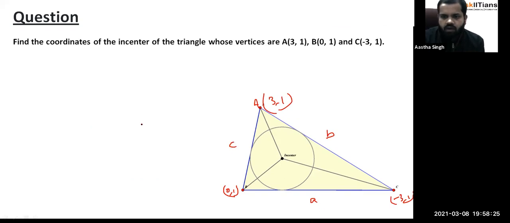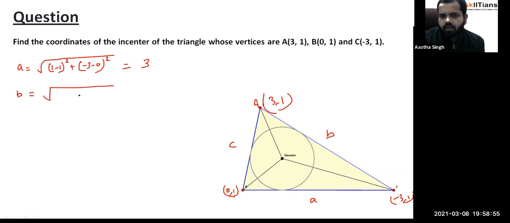So yeah guys, what will a be? Your distance a, according to the distance formula, will be the root of 1 minus 1 whole square plus 3 minus 0 whole square. 1 minus 1 is 0, 3 squared is 9, root of 9 is 3. So a will be 3. B will be the root of x2 minus x1 whole square plus y2 minus y1 whole square.